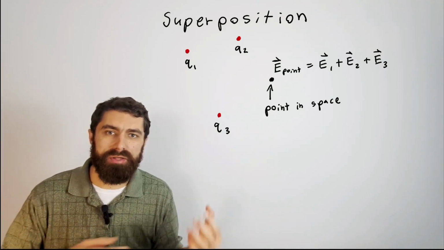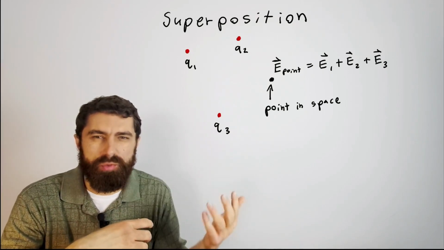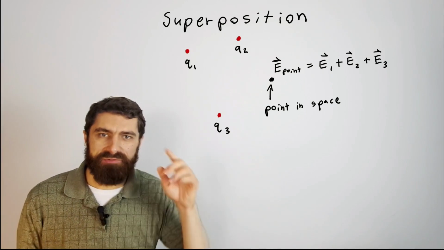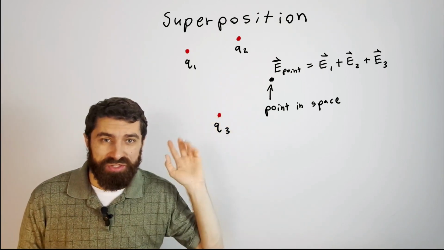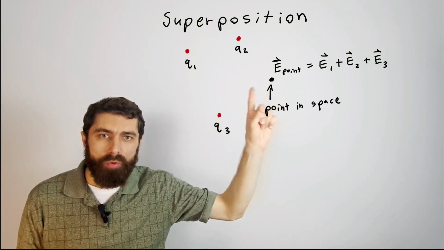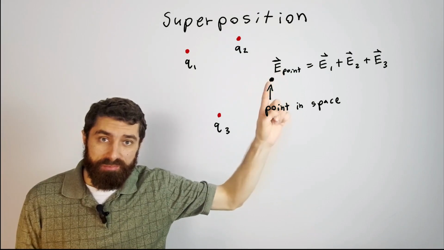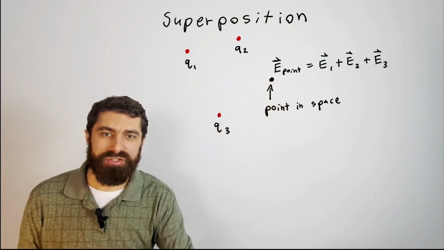So if you recall in previous videos, we've been making use of the principle of superposition, which says that if you have a collection of different charges and you want to know what the electric field is at a certain point in space, what you do is you sum up the electric fields from all the individual point charges.